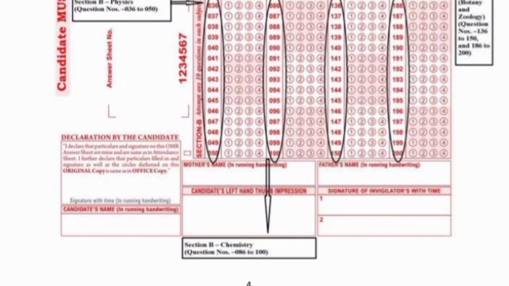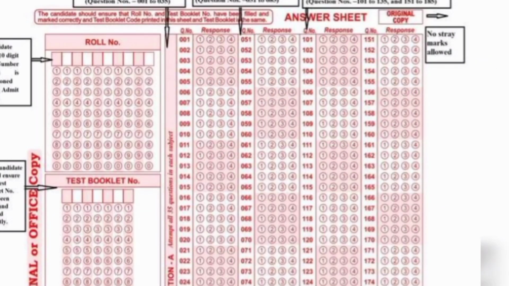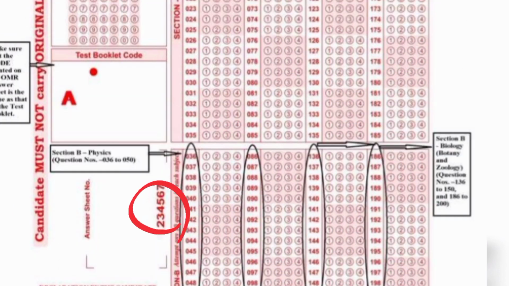When it comes to the response or answer sheet, as we already said, section A has 35 and section B has 15 questions. You have to pick only any 10 of the 15 questions. If you answer more than 10 questions from section B, only the first 10 will be considered and the next 5 will be devalued.